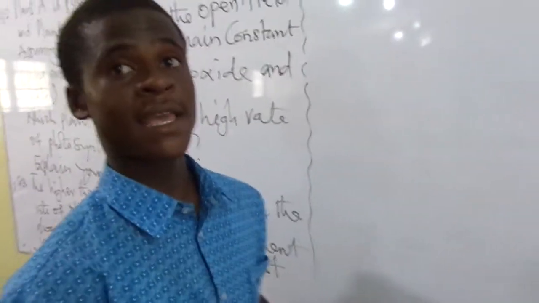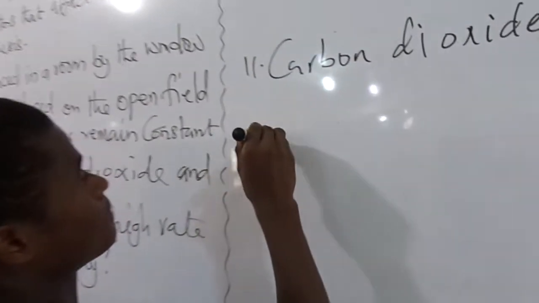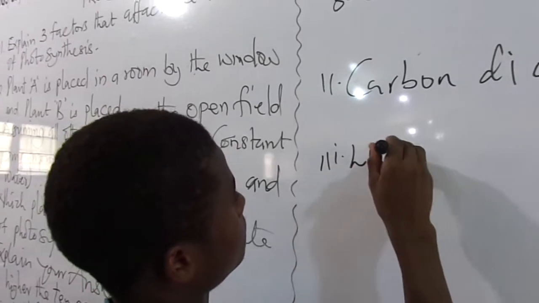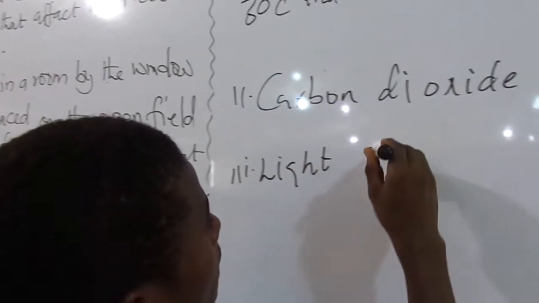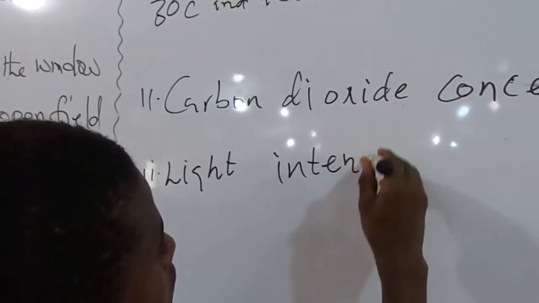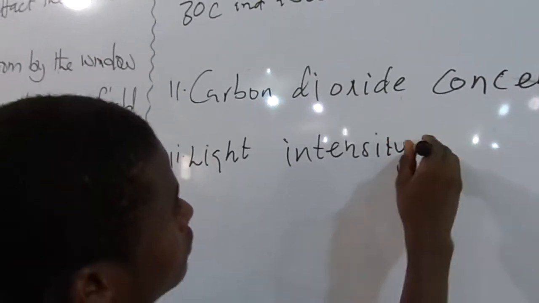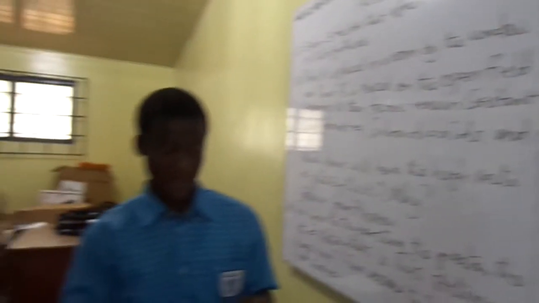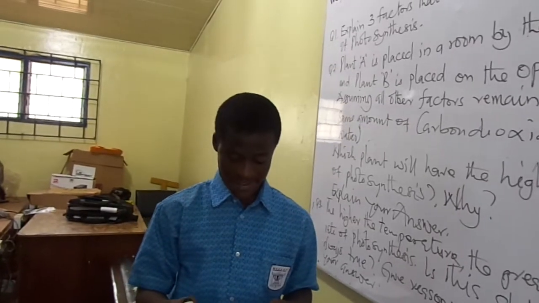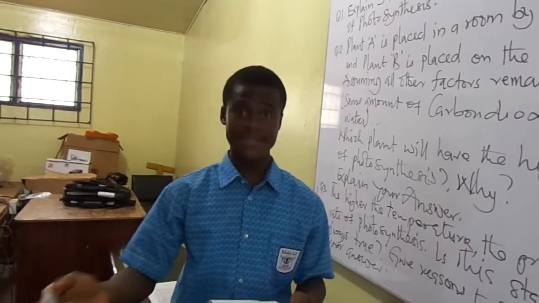A third factor is light intensity. The rate of photosynthesis is increased with increasing light intensity.